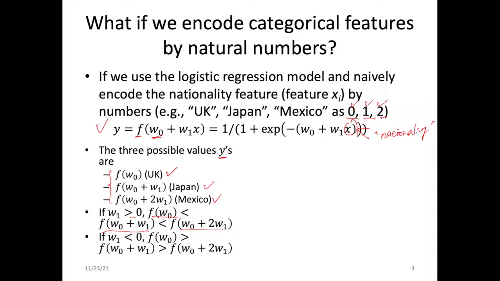And again, this may or may not be correct. If we encode 0, 1, 2 as 2, 1, 0, then the order will be completely reversed. Again, we should not let the way we encode the data influence the result.